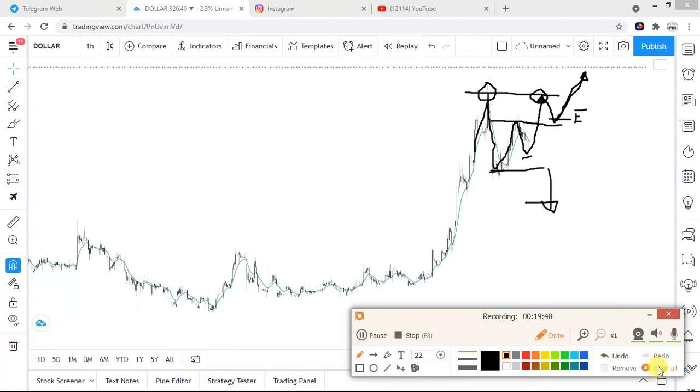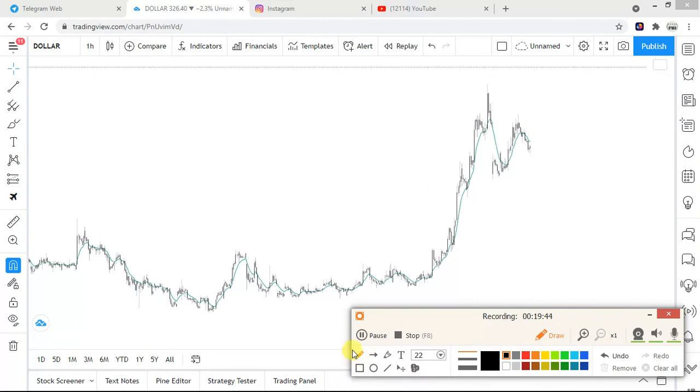Let us clear first. Now this market is like we see. If the structure will be like this, and like this one, and here like this one, this remains our neckline here. The market will be reaching here.